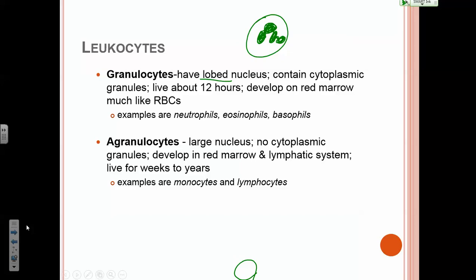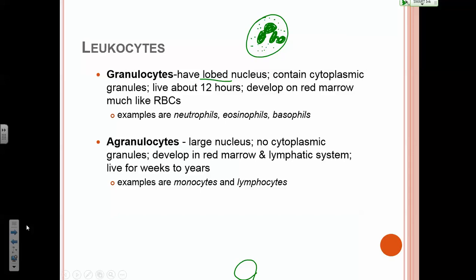But they could have a lobed nucleus, and then they have little granules in the cytoplasm of varying pH. And with the stain that is used for blood slides, the stain turns a different color in response to a different pH. And so we'll look at 3 different kinds of granulocytes.